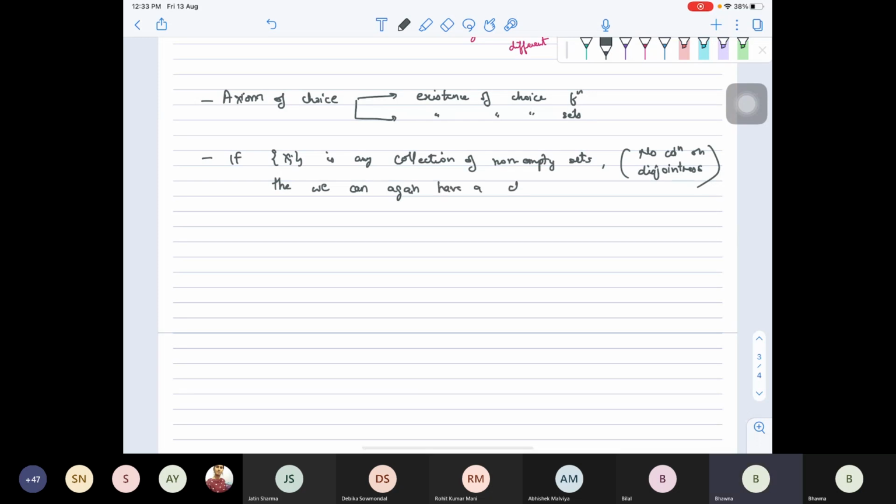How? In the same way. It can be proved by any of these two points.